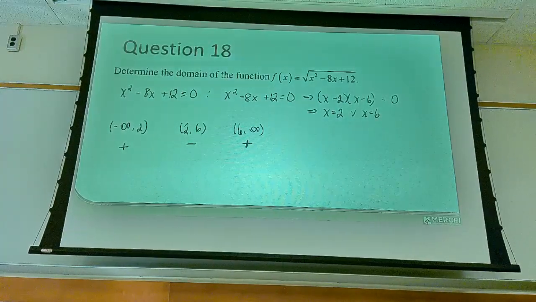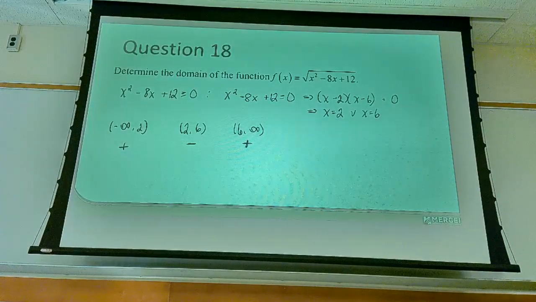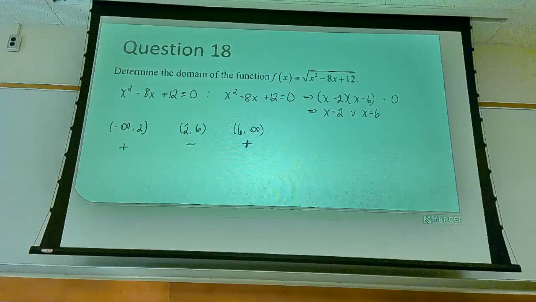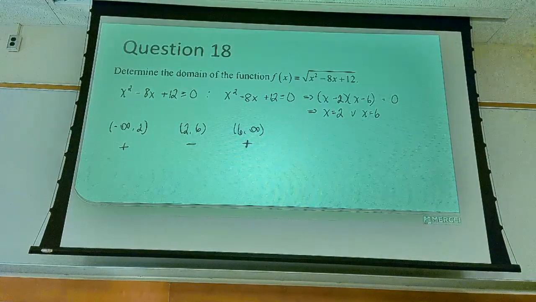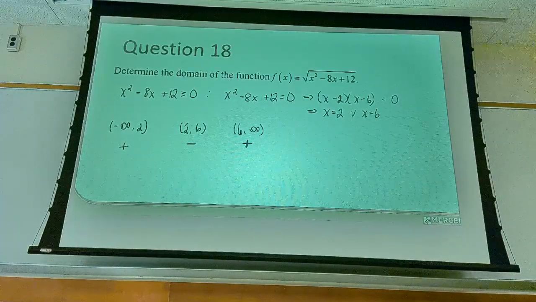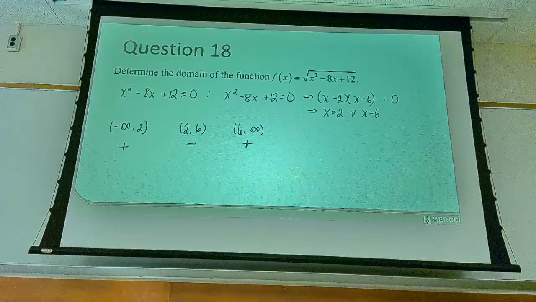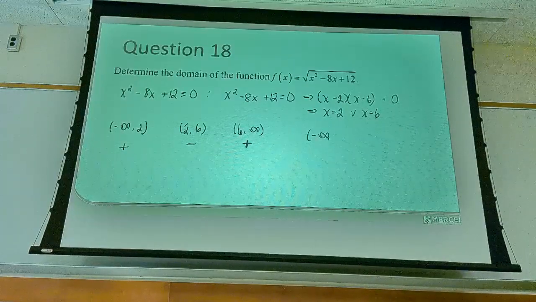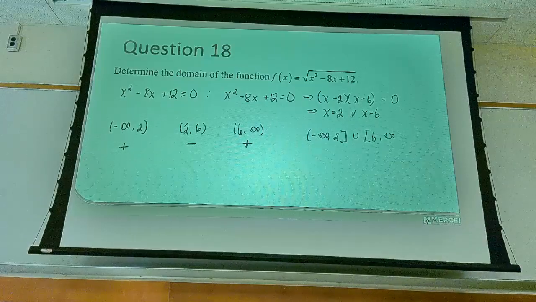So you take your positive intervals. Can it equal 0? Yes. That means the endpoints are included. So the solution to the inequality is that. Which means that's your domain.